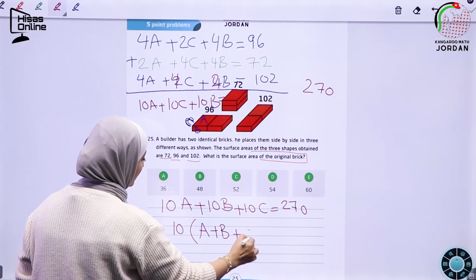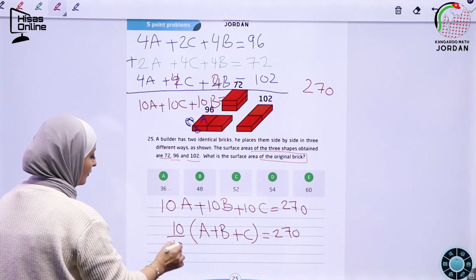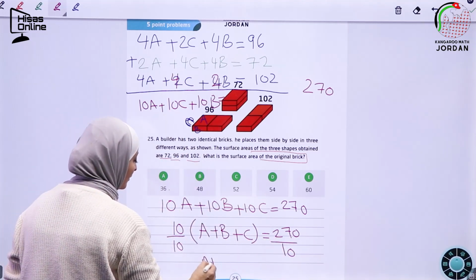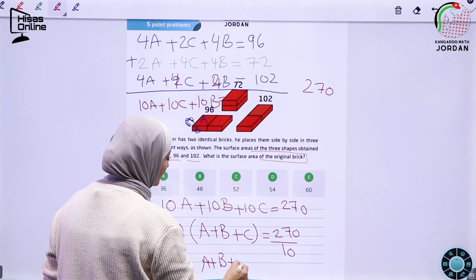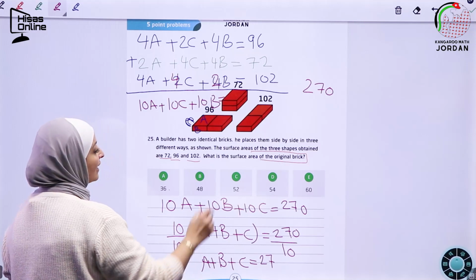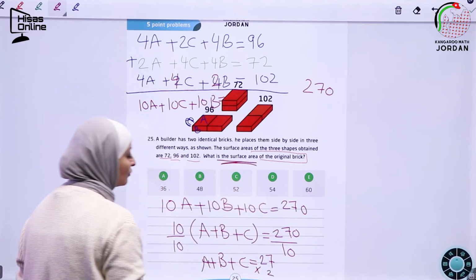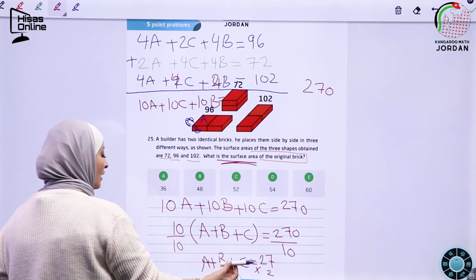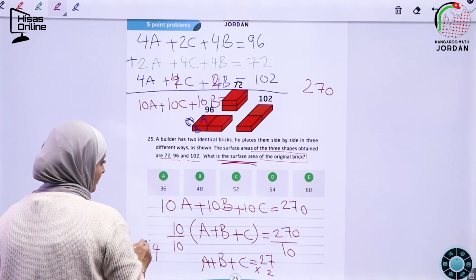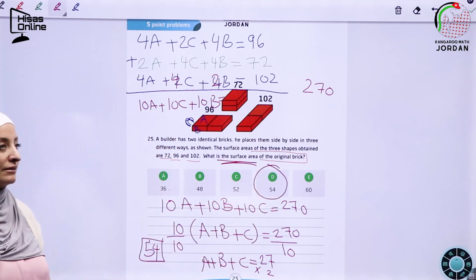A plus B plus C equals 270. Divide by 10. So A plus B plus C equals 27. But this is half of the surface area. They need the surface area of the whole thing. So let's multiply it by 2, because generally we have 2A, 2B, and 2C. So it's 54. My answer is D. Hopefully it's clear.